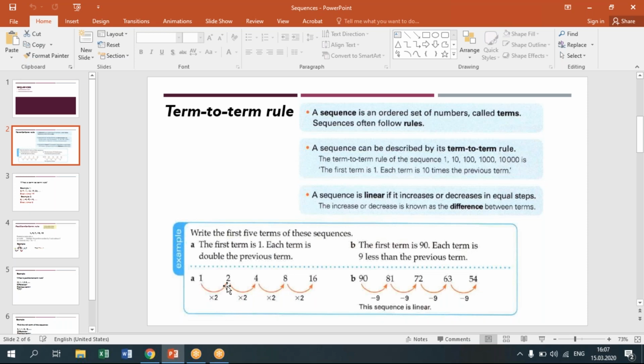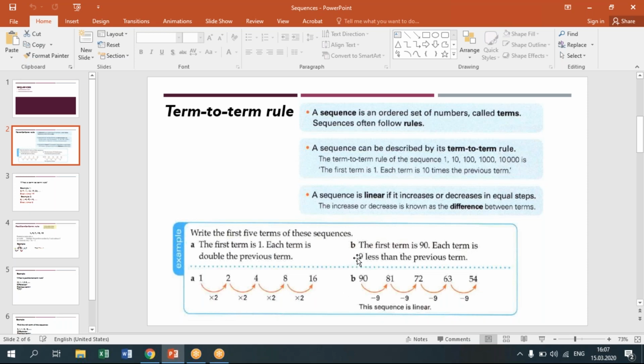The second term is 2, and again we multiply the previous one by 2, I mean double it: 2 times 2 is 4. The third term is 4, so again times 2, it will be 8. 8 times 2 is 16. So the term-to-term rule for this sequence is multiply by 2 every time.